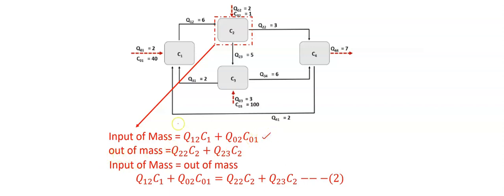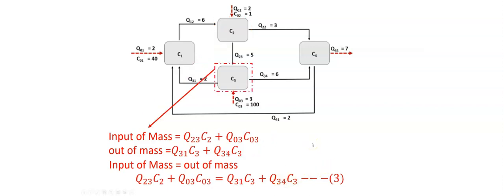Then output of mass, from reactor 2, that output stream is Q23 into C2 and Q22 into C2, so that is the output of mass. Now write together input of mass is equal to output of mass, so Q12 C1 plus Q02 C02 is equal to Q22 C2 plus Q23 C2, so that is the equation number 2.